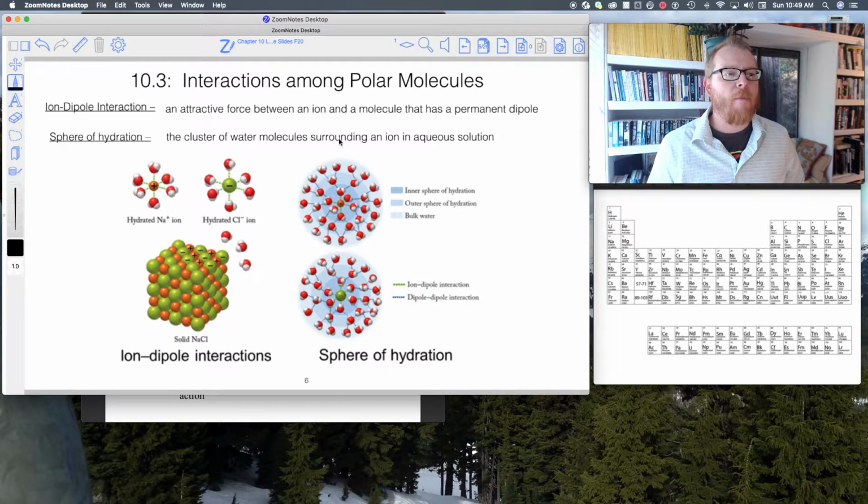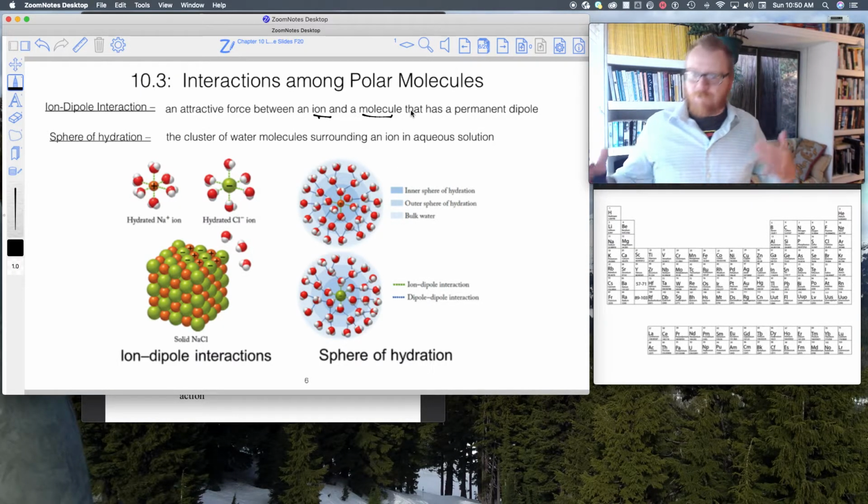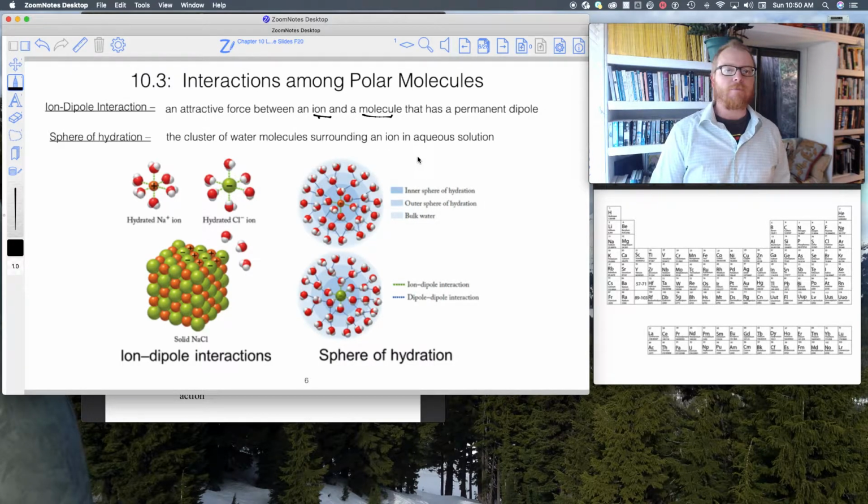So our ion dipole interaction is an attractive force between specifically an ion and a molecule that has a permanent dipole moment. So ion dipole, right? It's between an ion and a molecule with a permanent dipole.